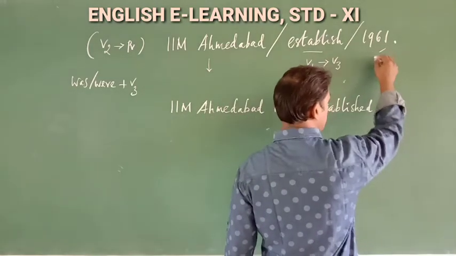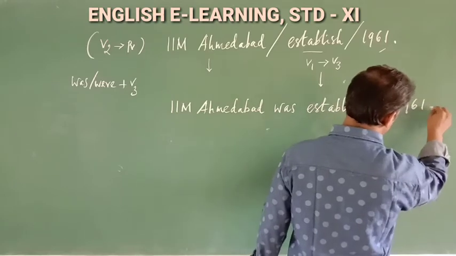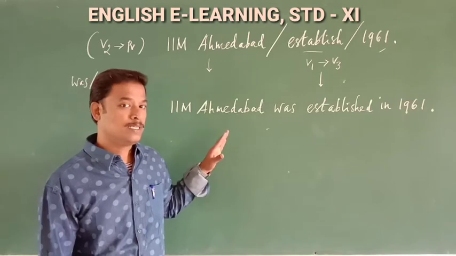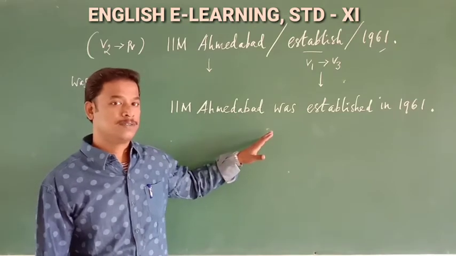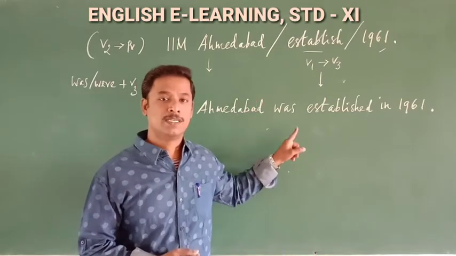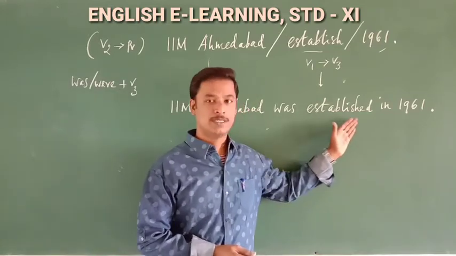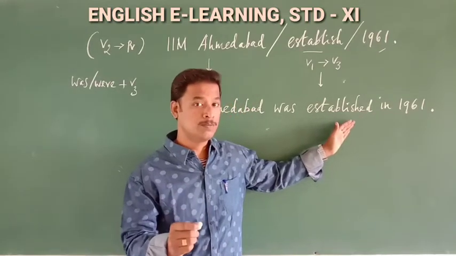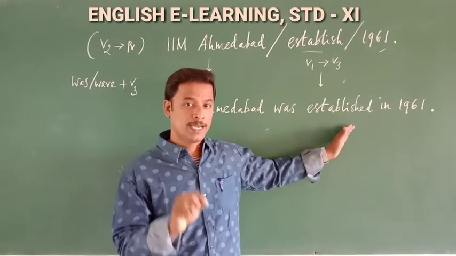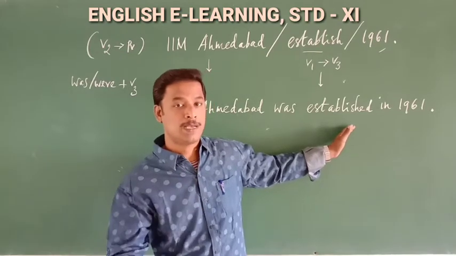Before you use the year, we must use the preposition in 1961. Again, something is missing here. What is that? The agent is missing here. Ahmedabad was established in 1961 by whom? That is unknown. If we use the agent, that kind of passive voice is called personal passive voice.